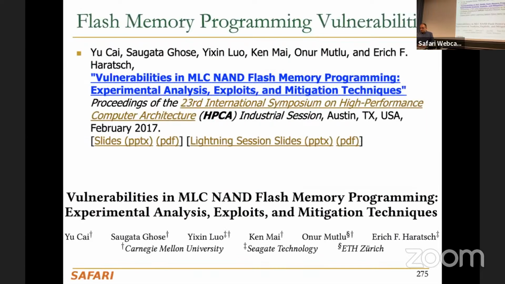So we have done other works. For example, this one is also quite interesting, where we look into the vulnerability of MLC NAND flash memory programming. This work studied the reliability issues, and potentially these reliability issues can be used for security attacks, which is not really easy because you need to go through a lot of the OS stack when you want to access your flash memory.